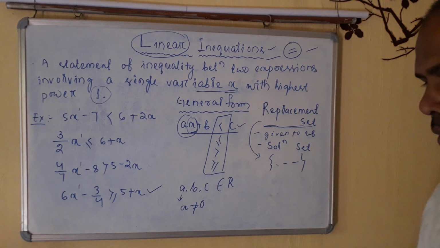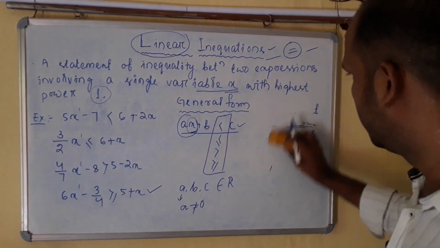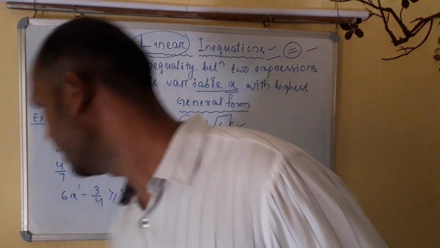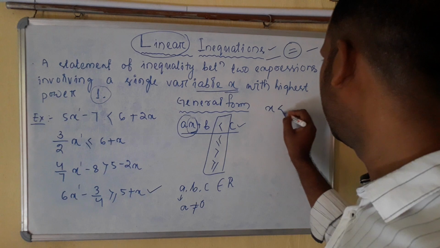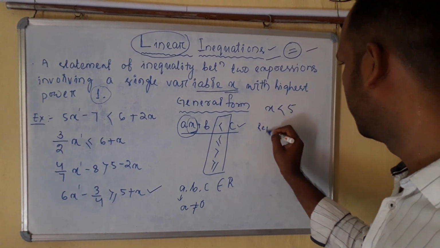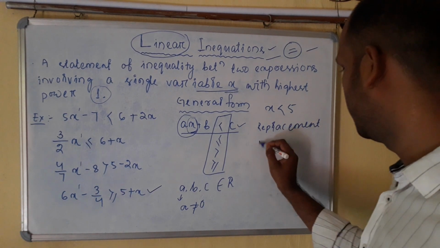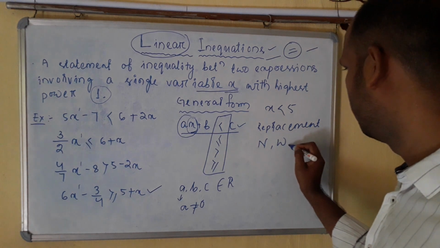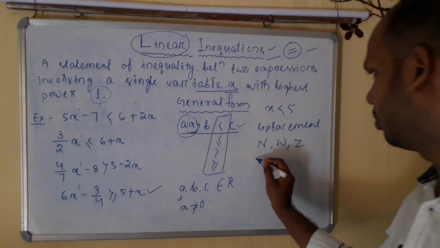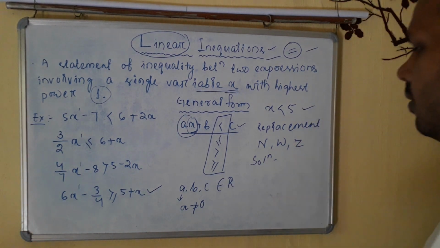For example, x less than 5, and here the replacement set is N, W and Z. Now we have to find the solution of this inequality.